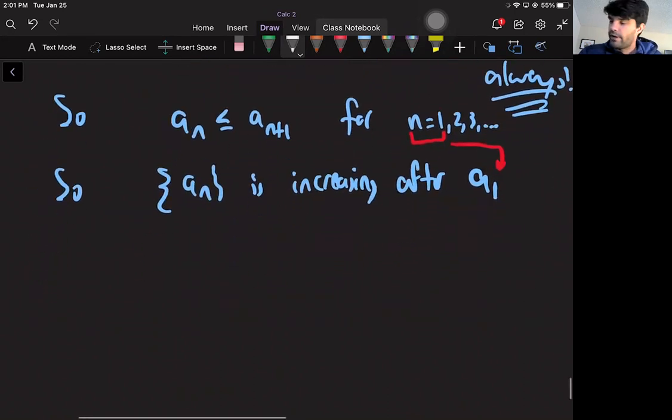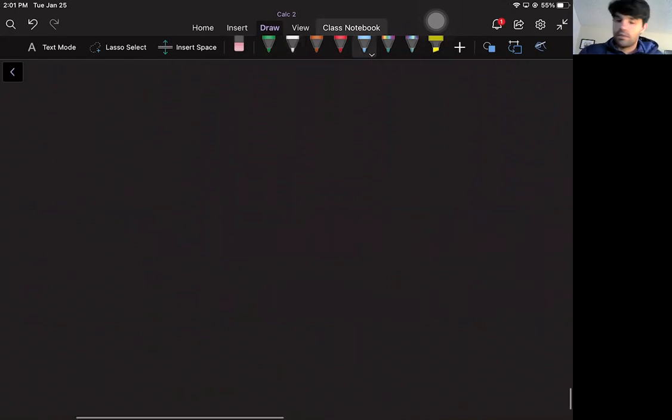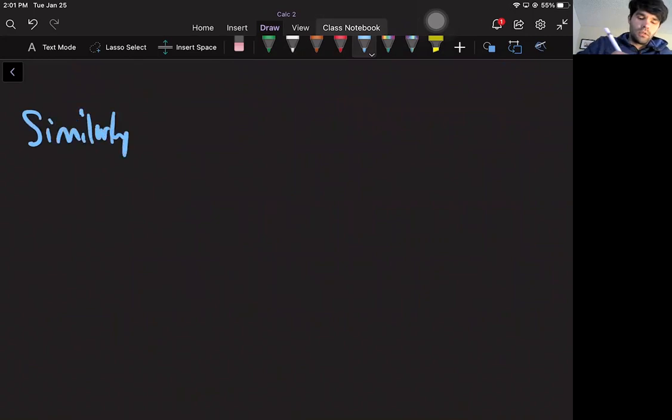Okay, but next let's do the opposite of increasing, which is decreasing. So similarly, a sequence is decreasing.